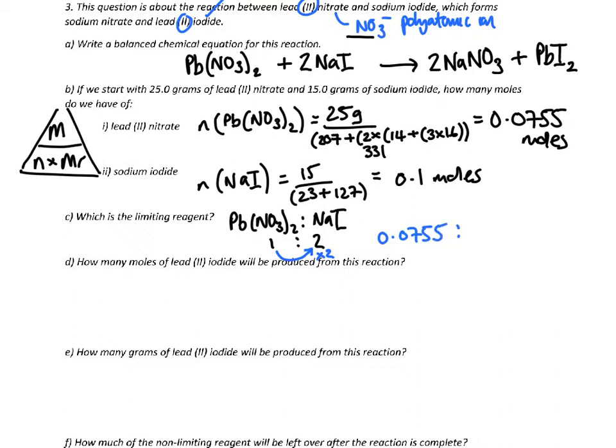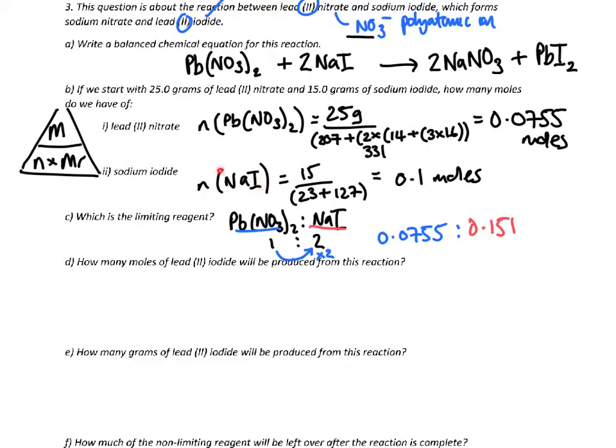So that's for the lead nitrate. And then if I times that by 2, then what I am going to get is 0.151 moles that I would theoretically need of sodium iodide to react with this. However, have we got 0.151 moles from the mass that we're given?